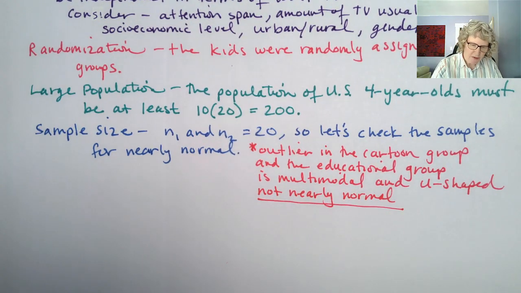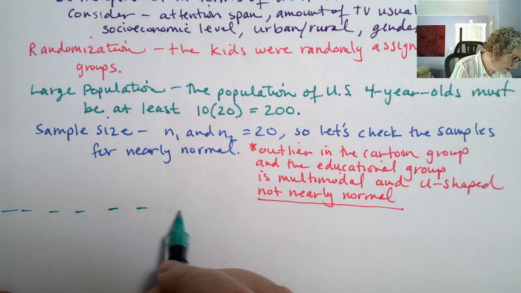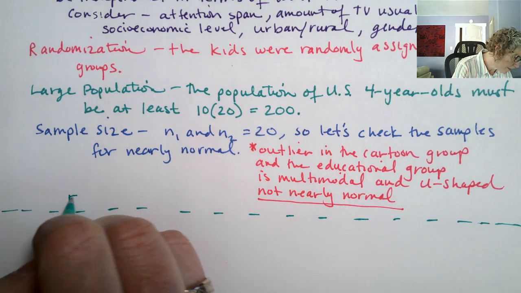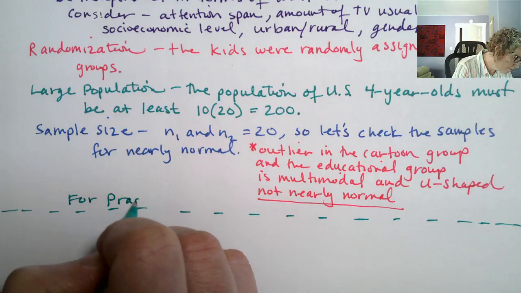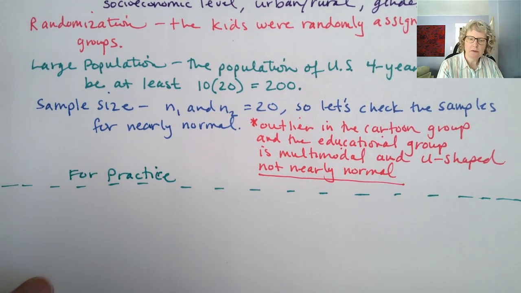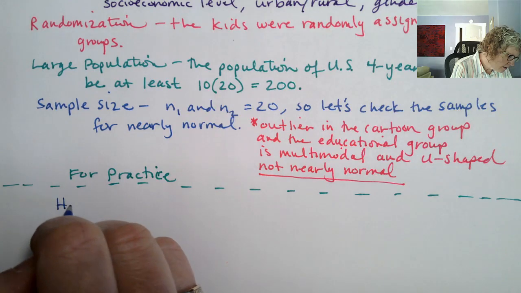However, we're this far, so I do want to do this. I'm going to write for practice. Okay, we do need to see how to use these formulas. Okay, let's write down our null and alternate again.